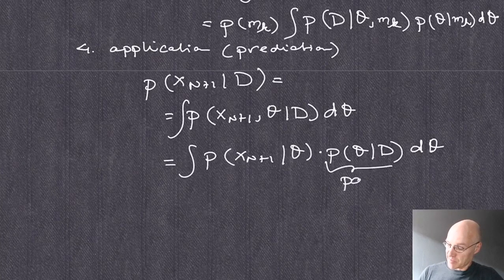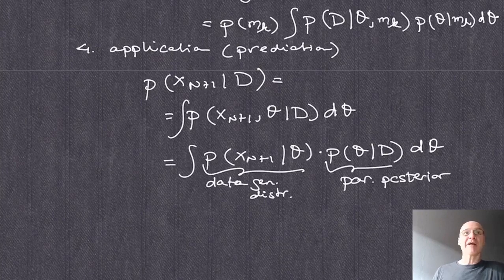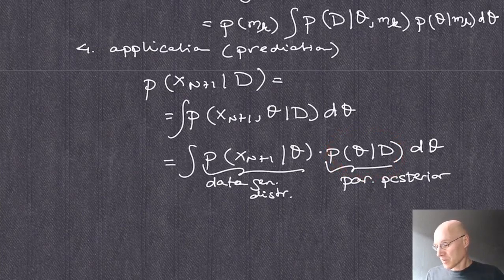This is the parameter posterior, and this is basically your data generating distribution. So we can compute this. Your parameter posterior you got from your parameter estimation stage. The data generating distribution you got from your model specification stage. So you're done, you can compute this.